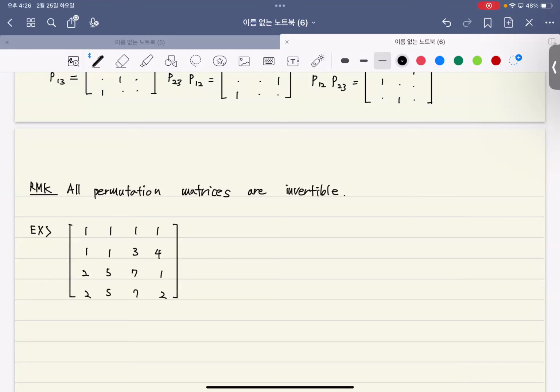Okay, let me try the forward elimination of this matrix. Sorry, I changed my mind. Let me try the LU factorization of this matrix, if possible. Here, the first step is I need to eliminate these three numbers. To eliminate this one, I need to multiply -1 to the first row and add it to the second.